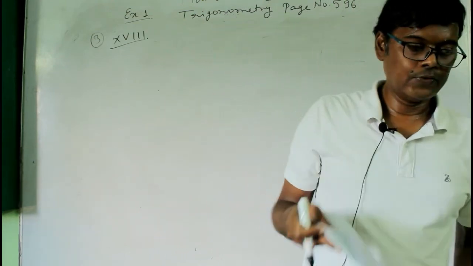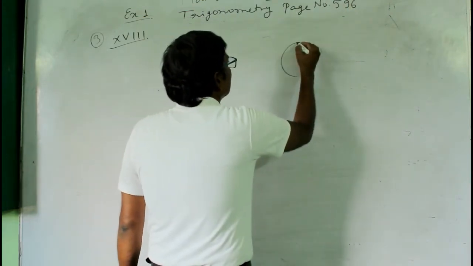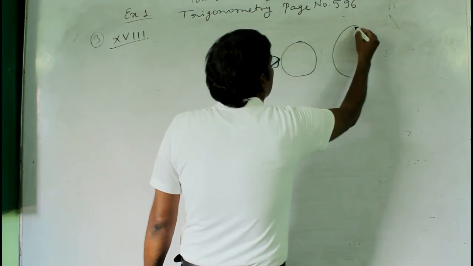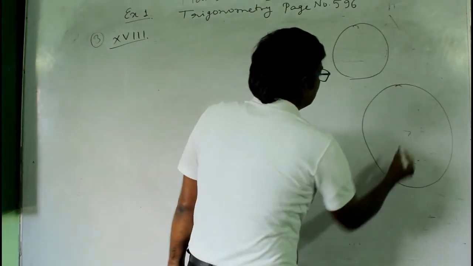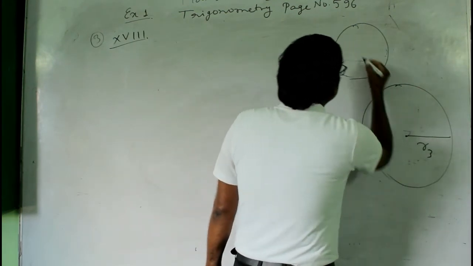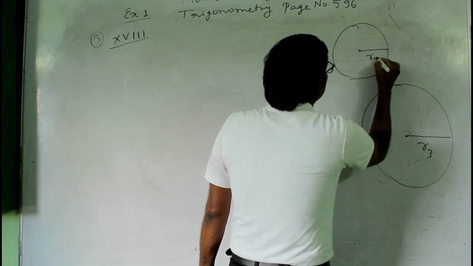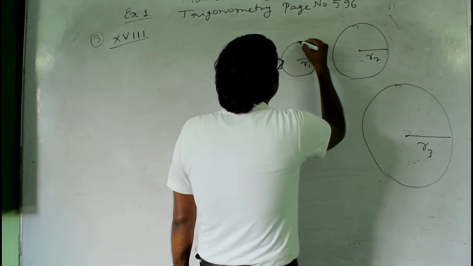Like here, if I draw the figure, suppose one circle is there, and another is this, and the third is suppose this circle. All have different radii. Suppose this is R3, this is R2, and this is R1. And then there is some arc.